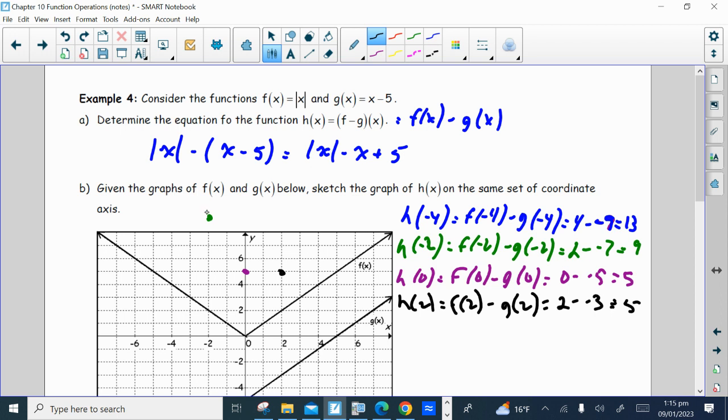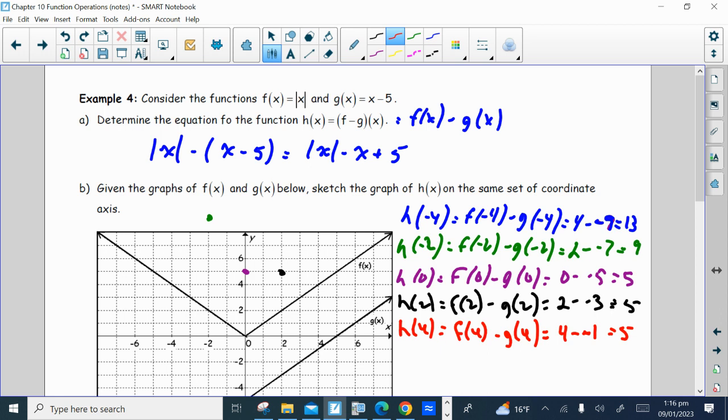So there definitely was a decrease from the first point to the second point, but now the third point has the same y value as that second point. So let's see if that pattern continues. If I have h at 4, that'll be f at 4, take away g at 4. F at 4 is 4, minus g at 4, which will be 4 take away 5, or negative 1. And the minus becomes a plus.